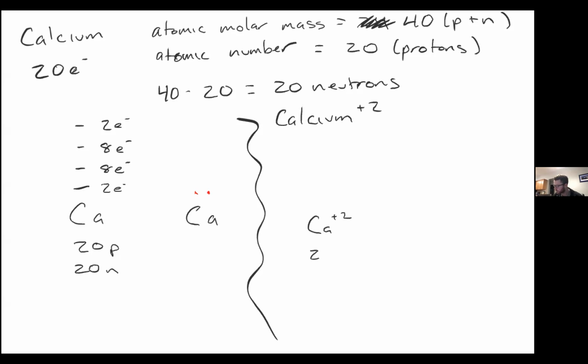We're still going to have 20 protons and 20 neutrons, and our inner electrons, but the valence electrons have been donated to something else. So when you're drawing this, the inner electrons will become our valence electrons.